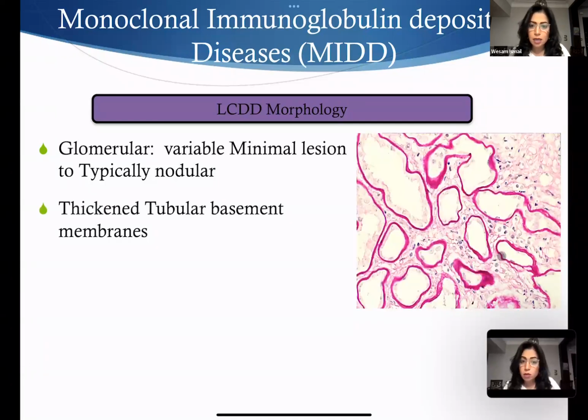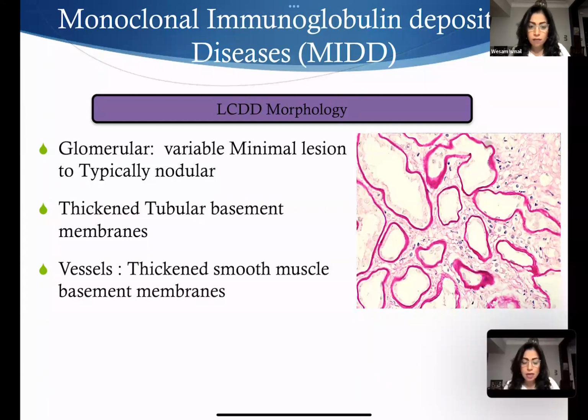Next. Tubules have thickened tubular basement membranes, usually very much highlighted on PAS stain, the silver stain. And in the blood vessels, you get thickened smooth muscle basement membrane. So you get light chain deposits all over the compartments of the kidney, whether glomerular, tubular, or vascular.